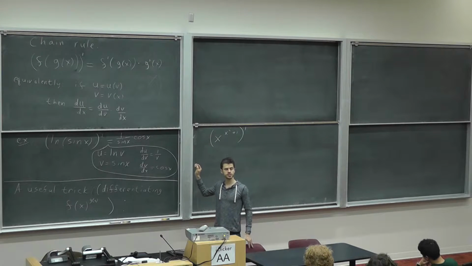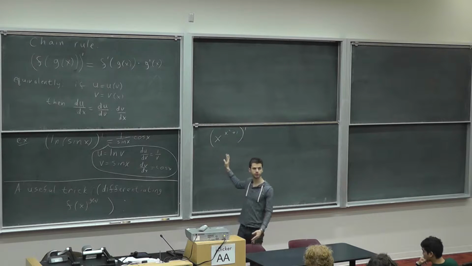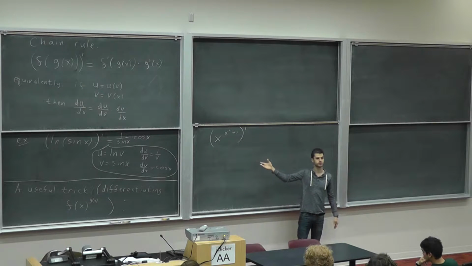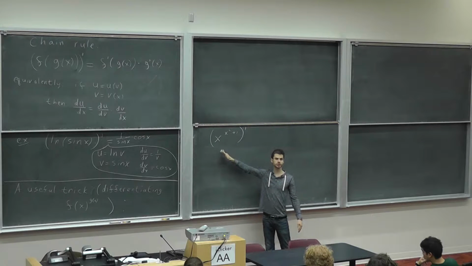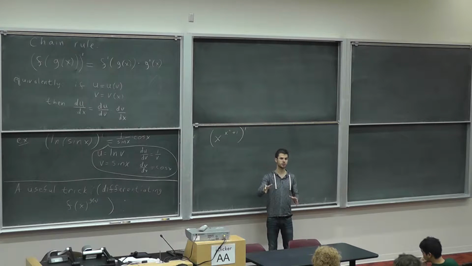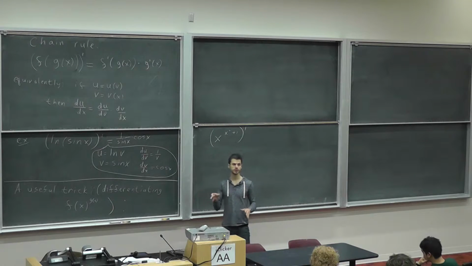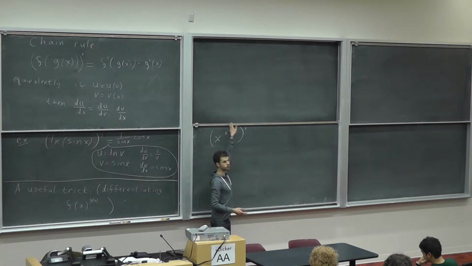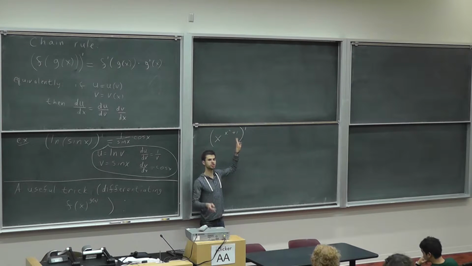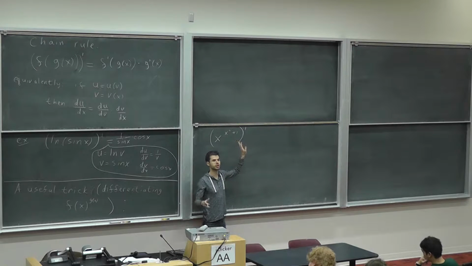The thing here is, it's not in one of the familiar forms. It's not x raised to some constant power. It's not x to the power n. You can't differentiate it using the rule n times x to the power n minus 1, just because the power to which you are raising is changing with x. It's not a number.